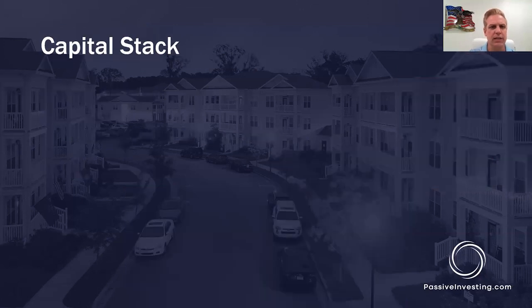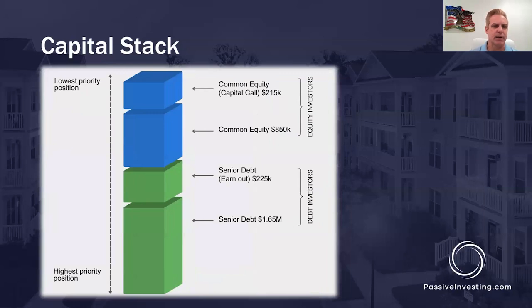So let's take a look at what I mentioned before, the capital stack. This is really important to know, where your money lies on the capital stack, and hopefully you're familiar with it. Generally the senior debt will be at the bottom of the capital stack, which means it has the highest priority. Then you have any mezzanine debt or pref equity, and then you have common equity at the top.